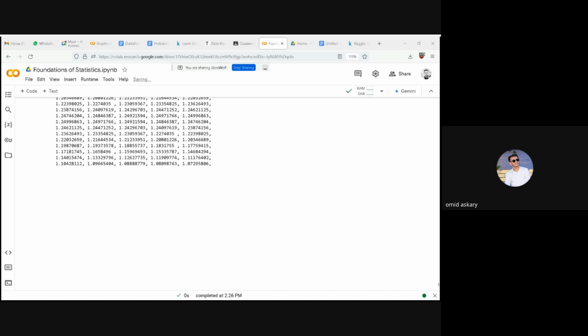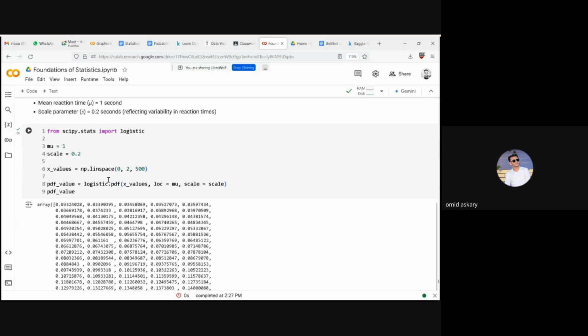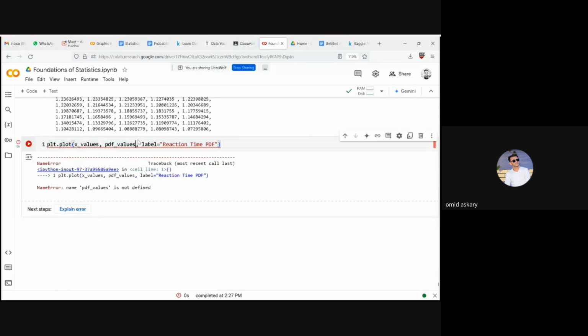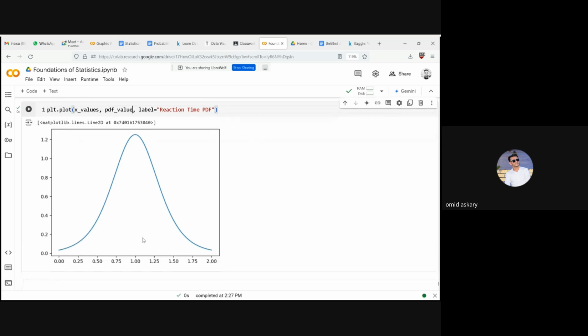Okay, we want to plot it. Plot the reaction time, x values, PDF values. The label will be the PDF value. So this is now the same curve. 1 second is the mean value, and these are the extreme values, 0 and 2.